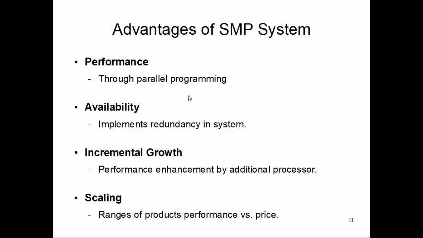Now, incremental growth. Let's say this system had 6 processors and you wanted another 2 or another 4, depending on your business need. You see that you need more power for data crunching, so you add 2 more processors or 3 more processors. Now there is a catch there. We are talking about one single motherboard, right?